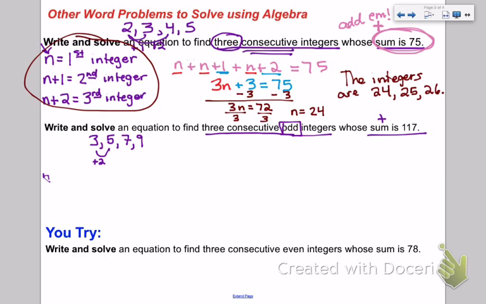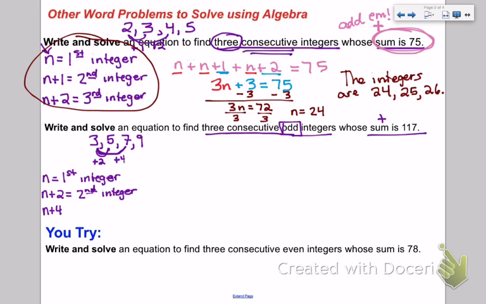So if n, once again, is my first integer, then my second integer is actually going to be n plus 2. Because I added 2 to get to the next odd number. And then if I go from my first one to my third one, to get from 3 to 7, I'm adding 4.